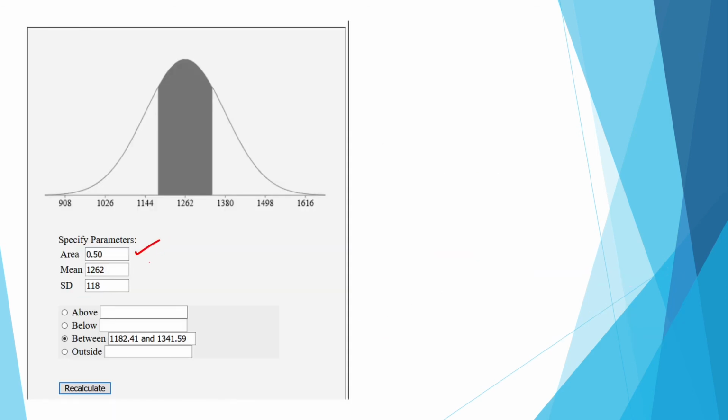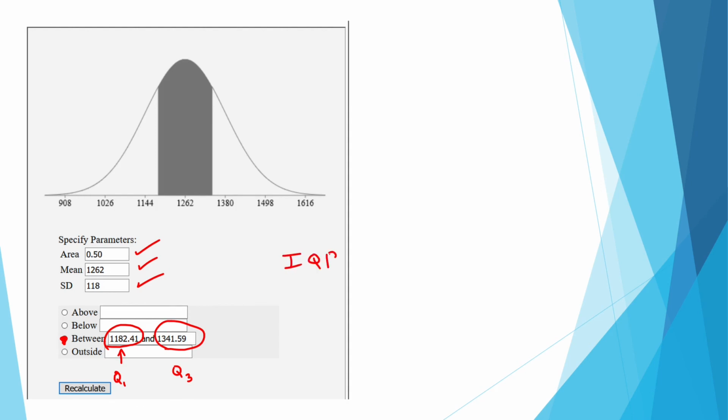Enter the area, the mean, and the standard deviation, and don't forget to click between, and this represents our Q1. And this represents our Q3. Now to find the IQR, we'll have to calculate the difference between these two.